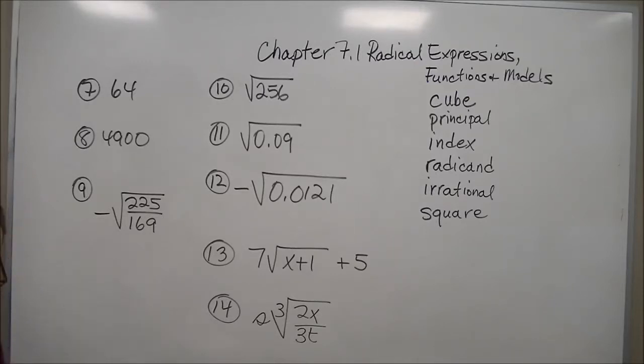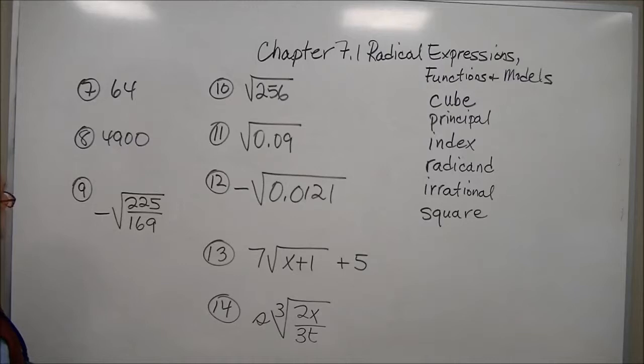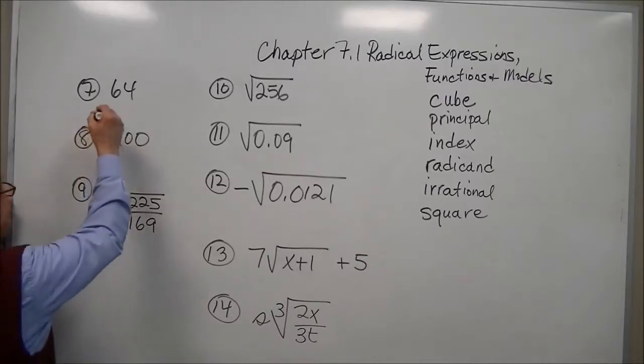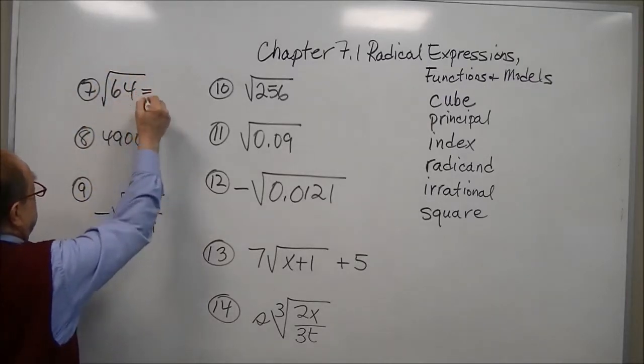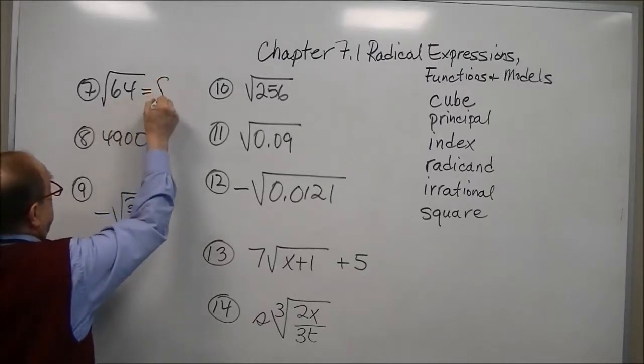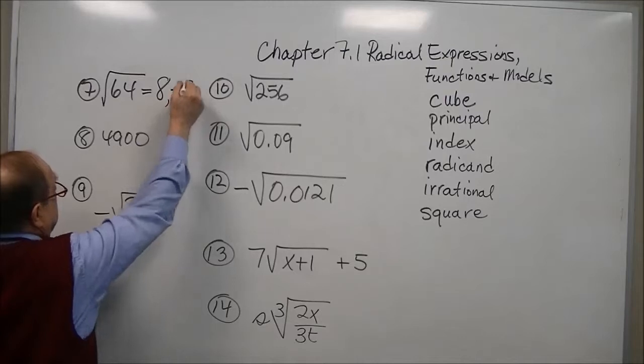So in number 7, they're saying find all the square roots of this particular number. Well, if we put the square root sign over it, we notice that we can get a positive 8 out of there, and we can also get a negative 8.